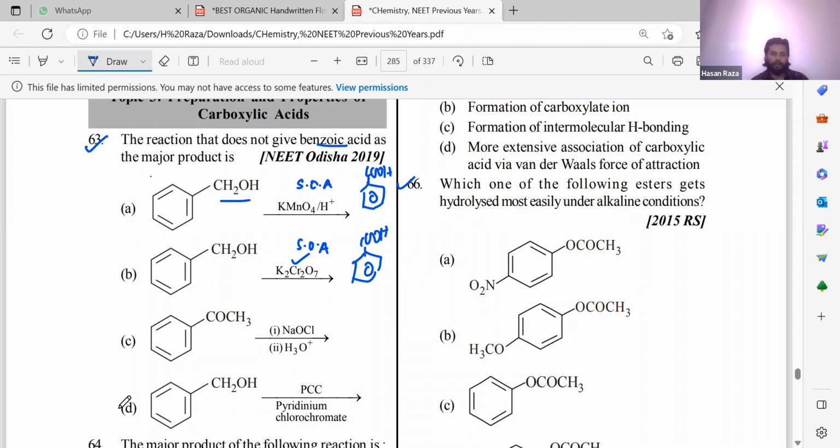So if you are looking at D, PCC is a mild oxidizing agent, and if you are going to treat 1 degree alcohol with a mild oxidizing agent, it will be converted into benzaldehyde instead of carboxylic acid. So B will be our answer. Is that clear? This will also be converted into carboxylic acid with the help of NaOCl in the presence of H2.